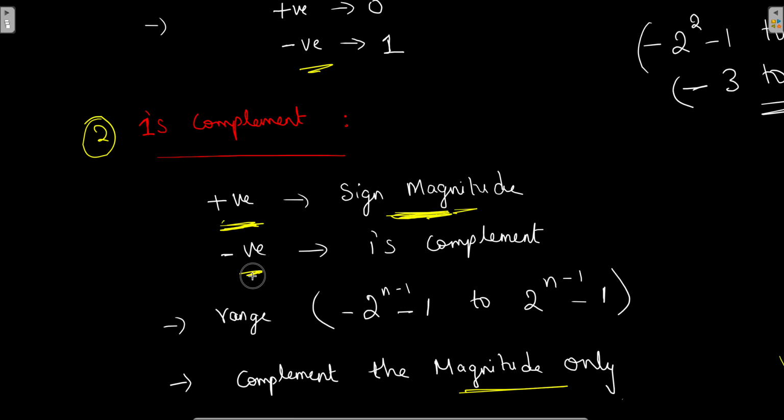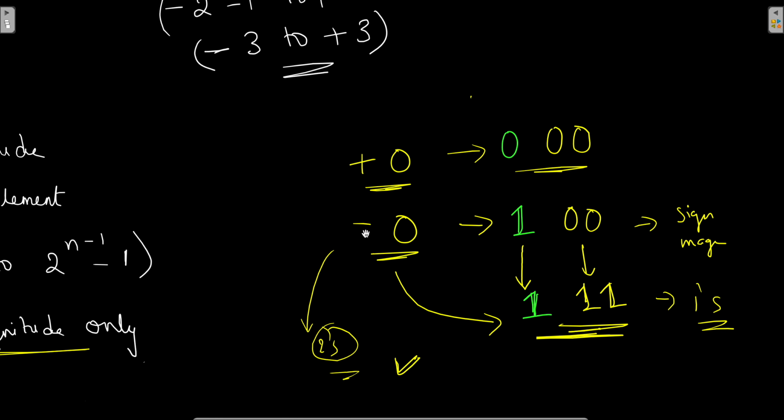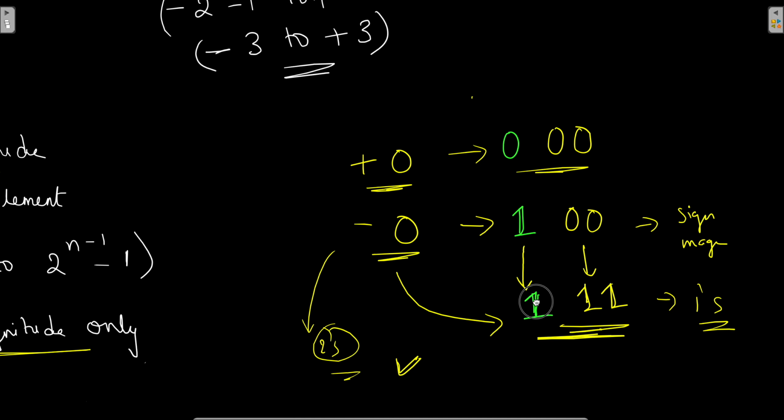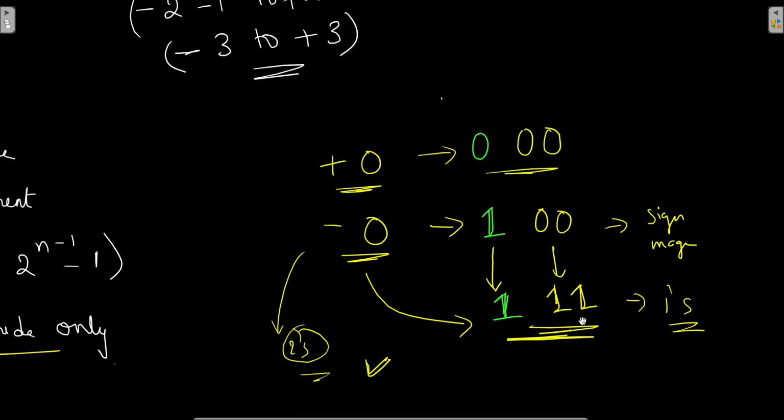For a negative value we have to do the complement. When I want to do ones complement for a negative value, we take the sign magnitude, keep the sign as common, and complement the remaining 2 digits. This is the ones complement process.